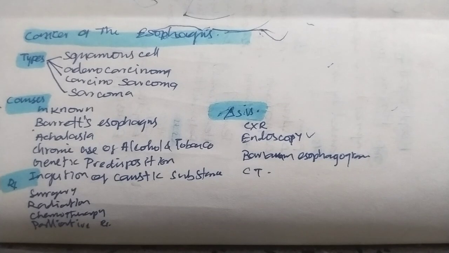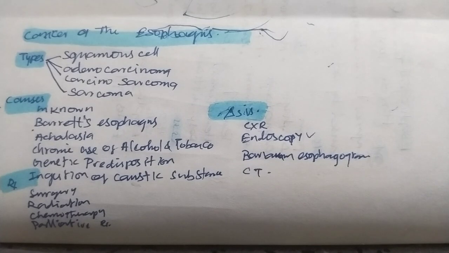So the management, once again: palliative treatment, surgery. Lesions of the middle and lower esophagus are excised through a thoracotomy approach, and a portion of colon is used to replace the excised portion of the esophagus.